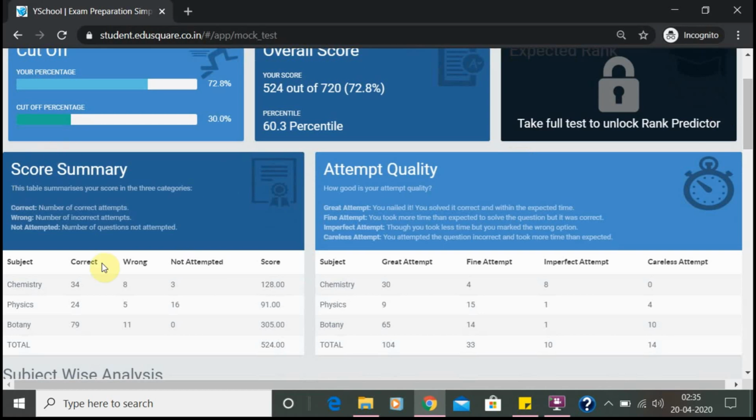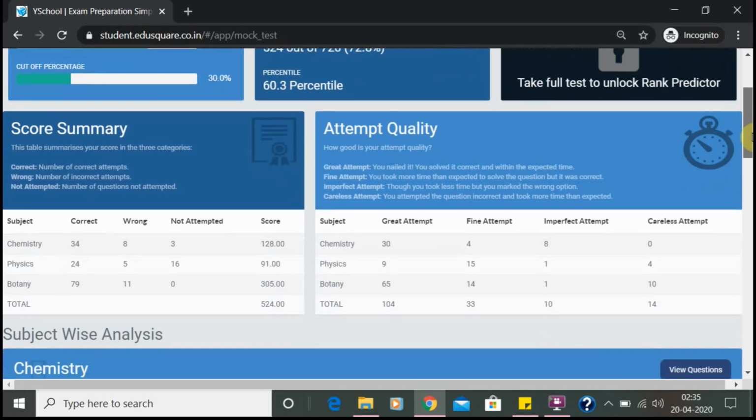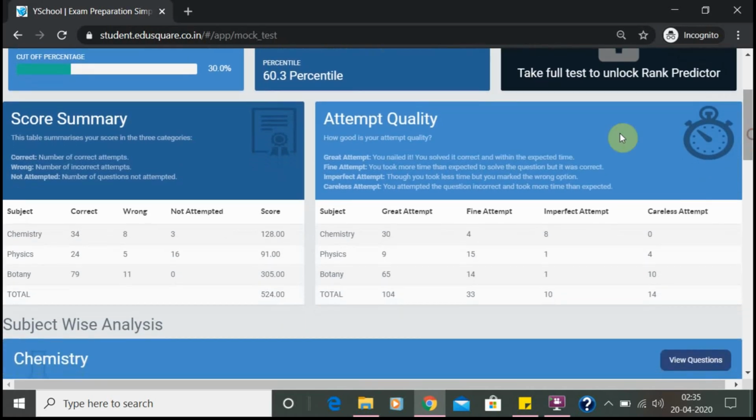Now moving on, talking about score summary and attempt quality. Score summary, most of you would have seen in many of the other tests that you would have given before. It gives you a snapshot of subject-wise answers that were correct, answers that got you negative marking, that is the wrong answers, and the questions that you didn't attempt, so that you would know which subject you did better in and which subject needs more attention in the future.